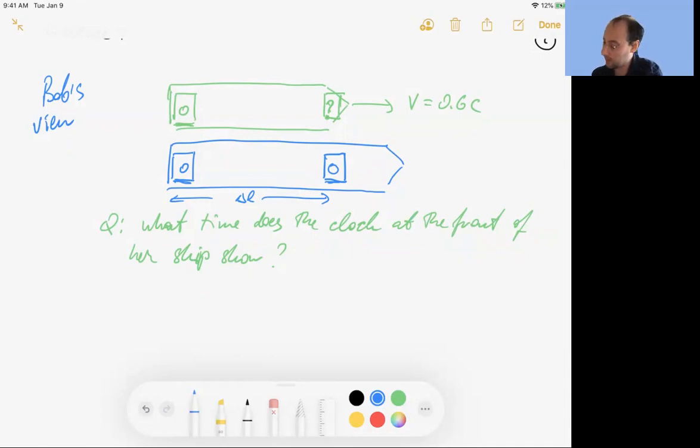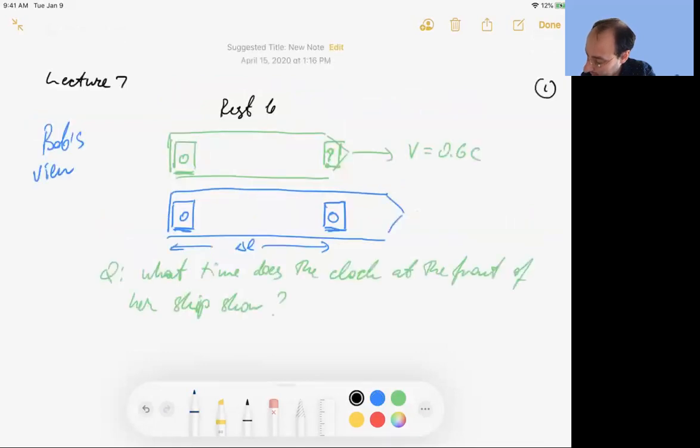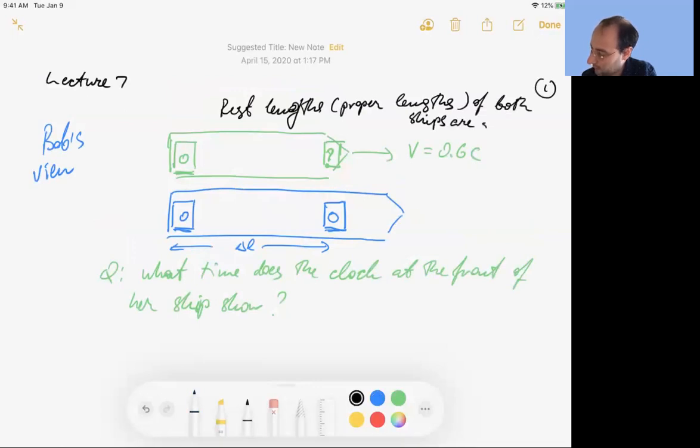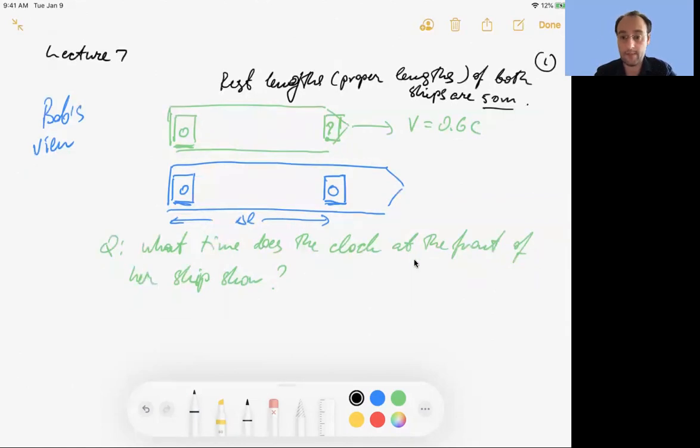So I guess maybe I should have reminded you that the proper lengths, also sometimes called rest lengths, of both ships are 50 meters. So when the ship is parked, it's 50 meters long. We know that his window is located this distance delta L from the back of his ship, equal to the contracted length of her ship. So her ship also has length delta L in Bob's frame.